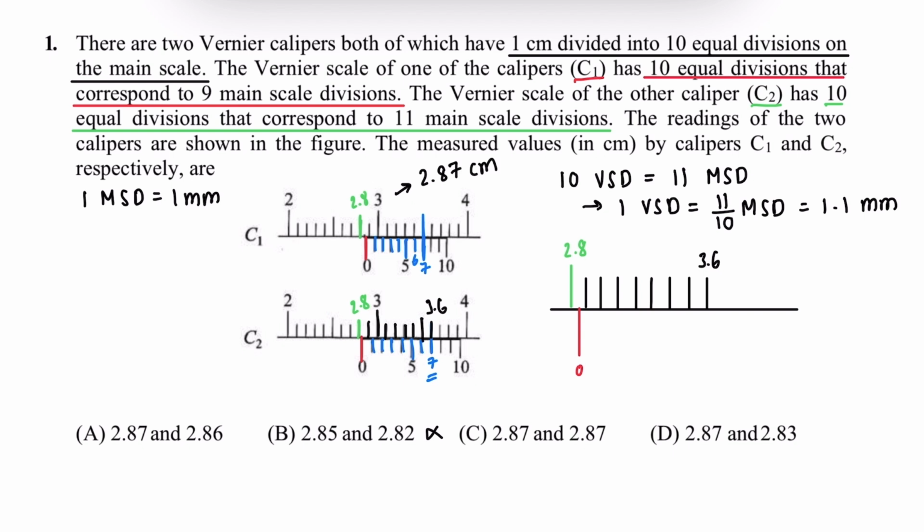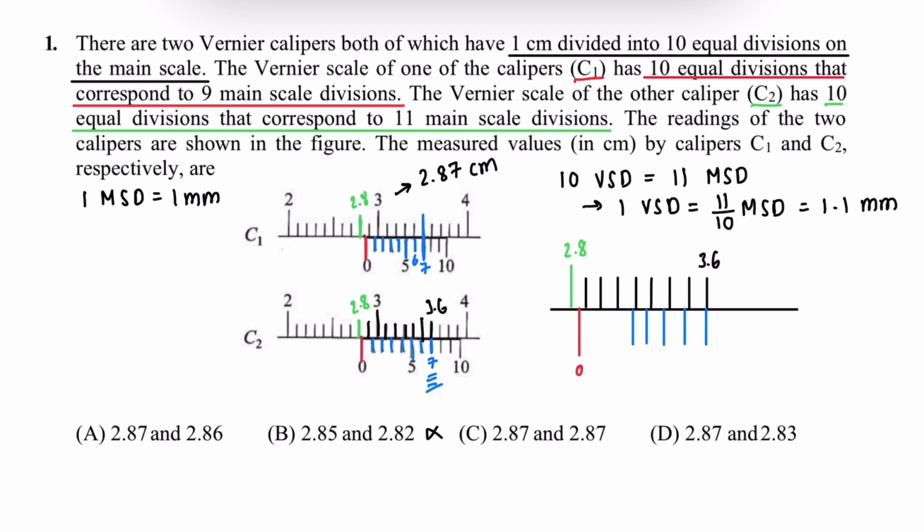Now we have to draw the others, which is 7 onward, for the Vernier scale, basically. That's a little to the side, but that's 7, 6, 5, 4, 3, 1 second. 2.9, 3, 1, 2, 3, 4, 5, 6.